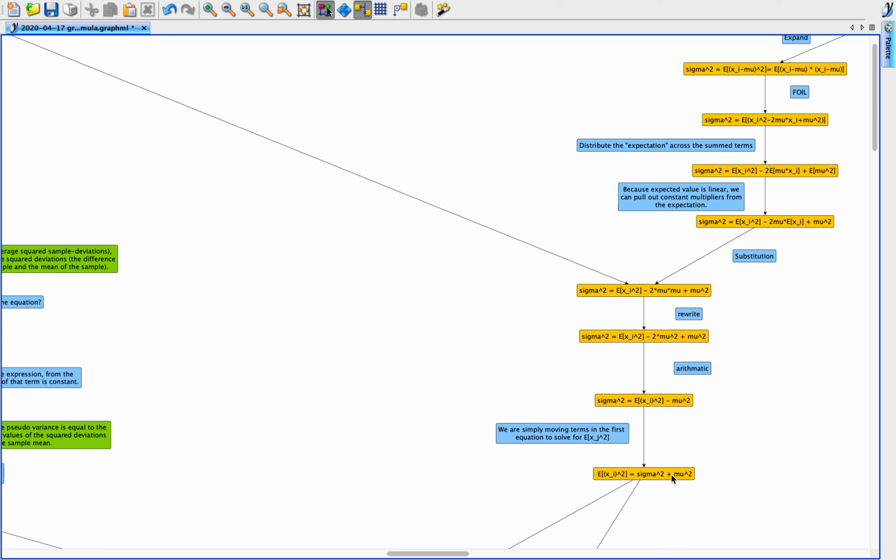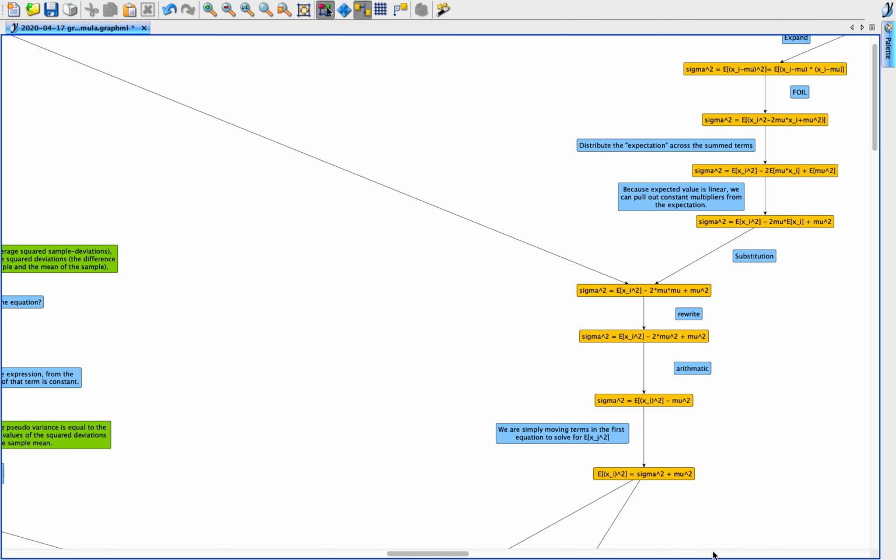When you take a single data point and you multiply it by itself in expectation, sigma squared is how much you're deviating from the mean squared.